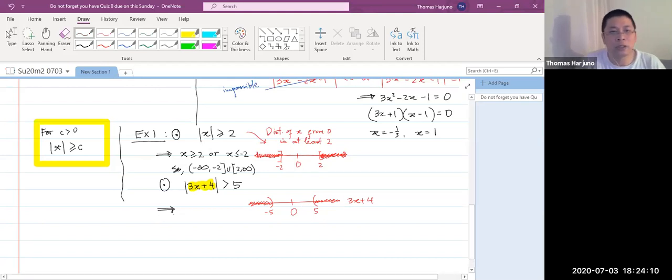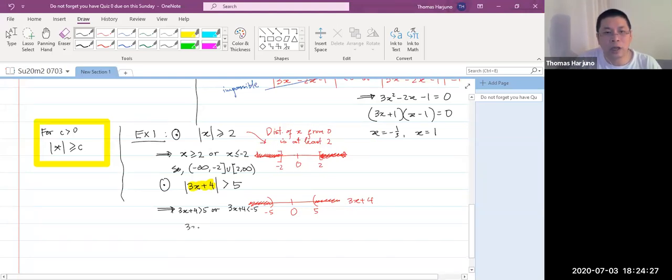From that, we see that 3x plus 4 is to the right of 5, or 3x plus 4 is to the left of negative 5. Now I solve it as usual.